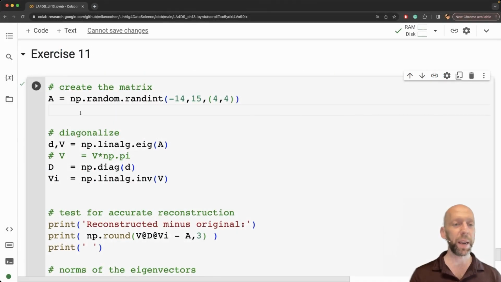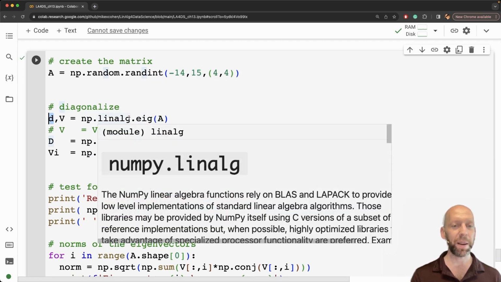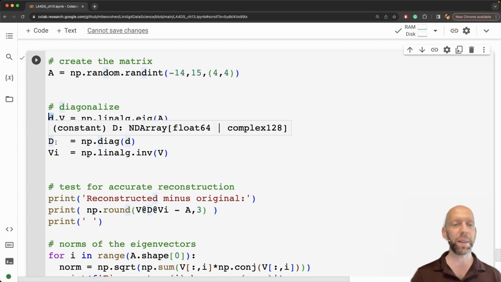Here I create the 4x4 random integers matrix containing numbers between minus 14 and plus 14. Here I take the eigendecomposition of the matrix. You can see this code is commented out; I'll get back to that in a moment. Of course, the eigenvalues that are output by NumPy just come in a list, but we need a matrix with the eigenvalues on the diagonal.